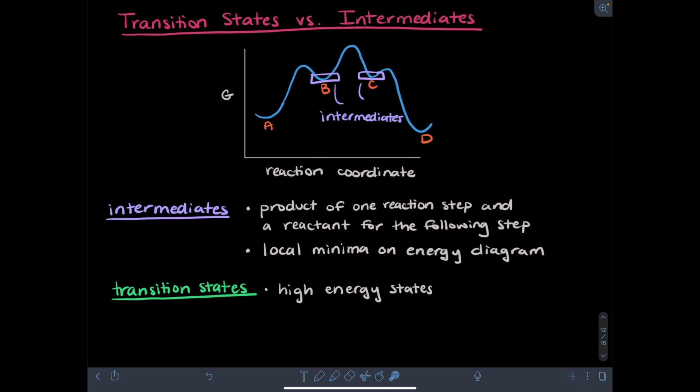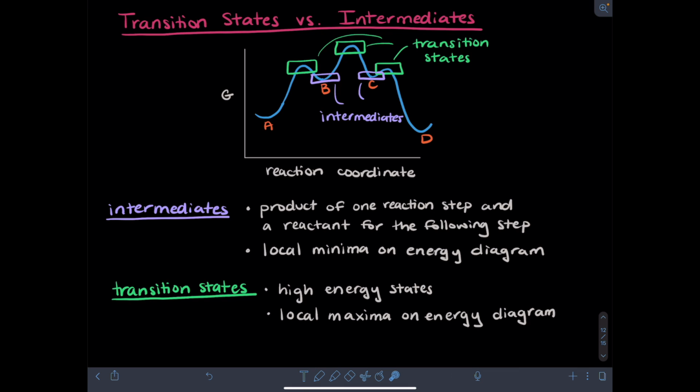In contrast, on the diagram, transition states will be high energy states. These will be local maxima along the energy diagram. These three high points in energy between A, B, and C are my transition states. Counting the number of transition states tells you how many steps your reaction has.